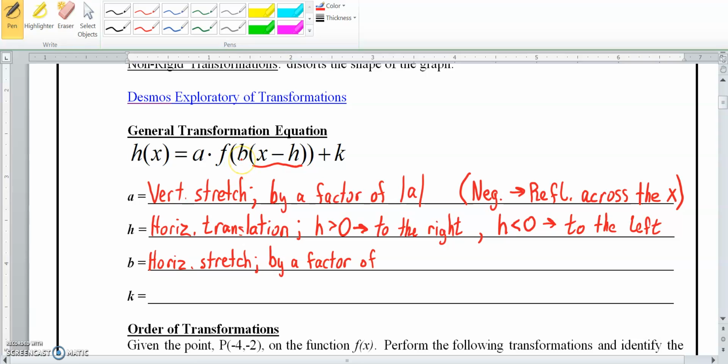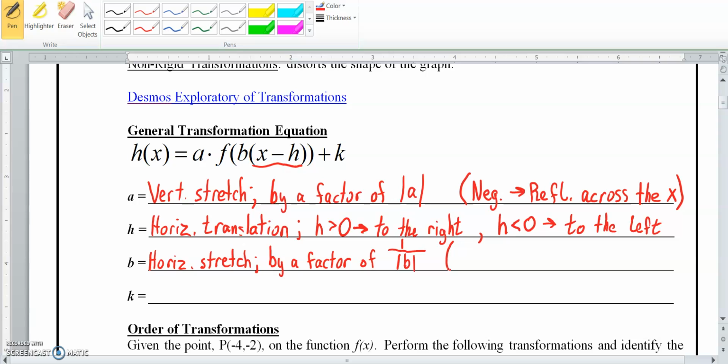So if B is 2 in the equation that we're given, horizontal stretch is by a factor of 1 over the absolute value of B. Okay, that's another tricky one.